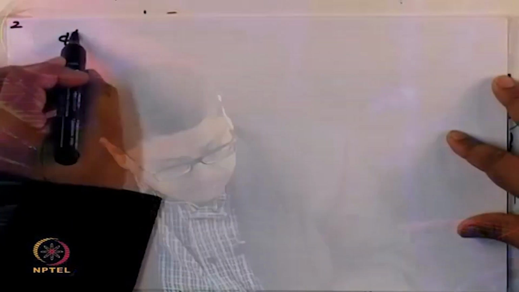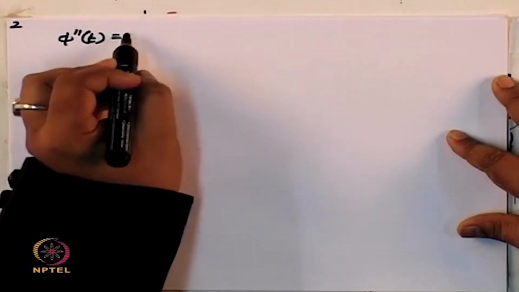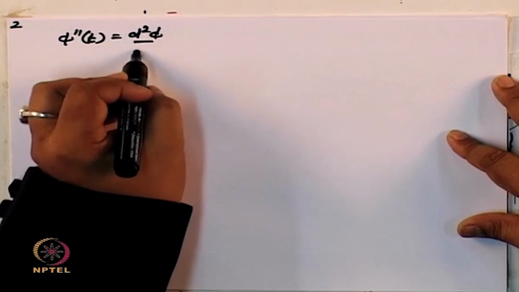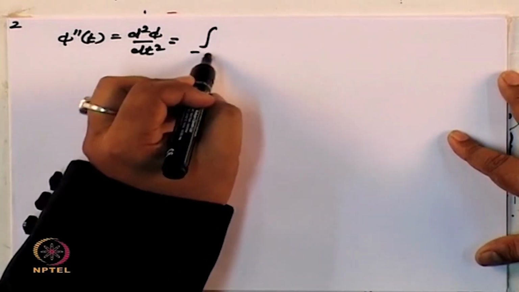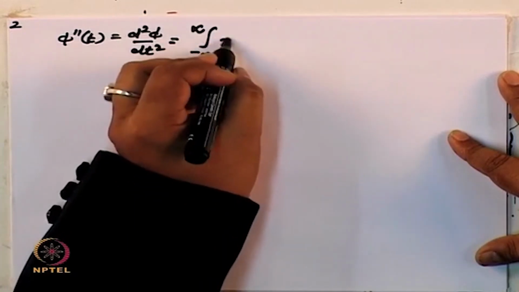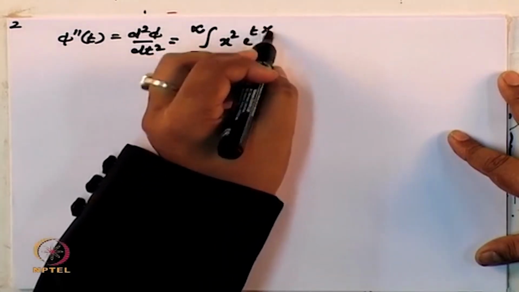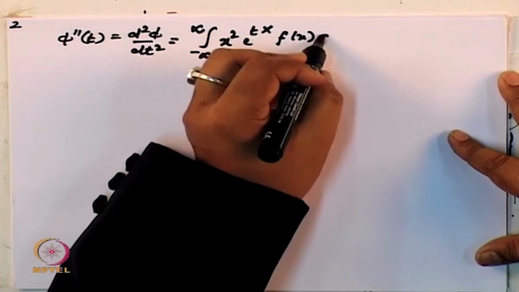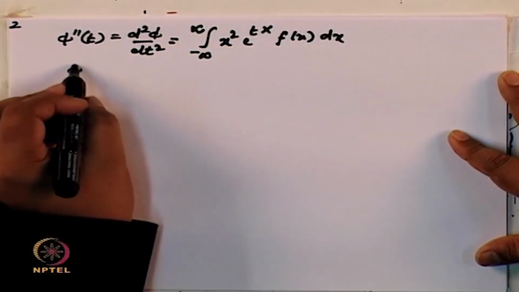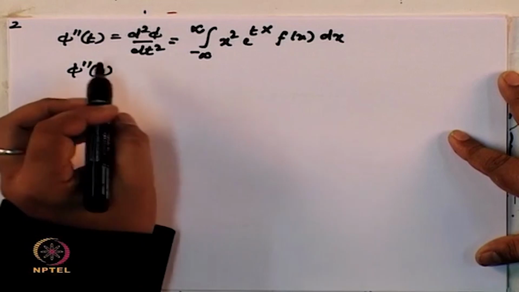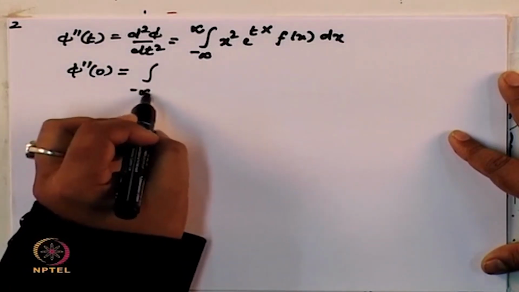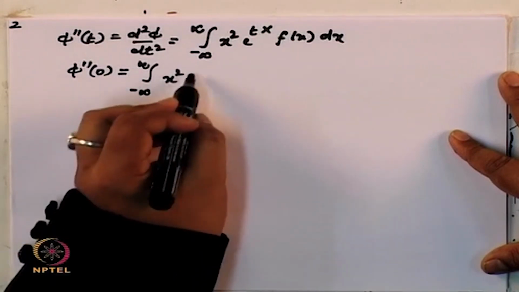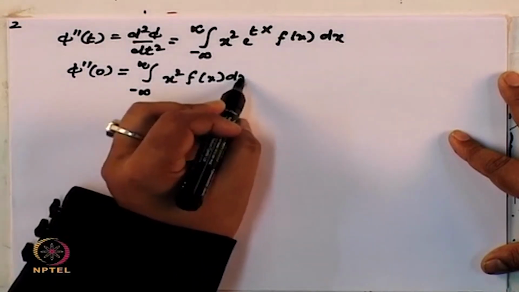Okay. So, I can write phi double prime of t as the integral of x square e to the power tx f of x dx. Then if I substitute t equal to 0, I get phi double prime of 0 equal to the integral from minus infinity to infinity of x square f of x dx.